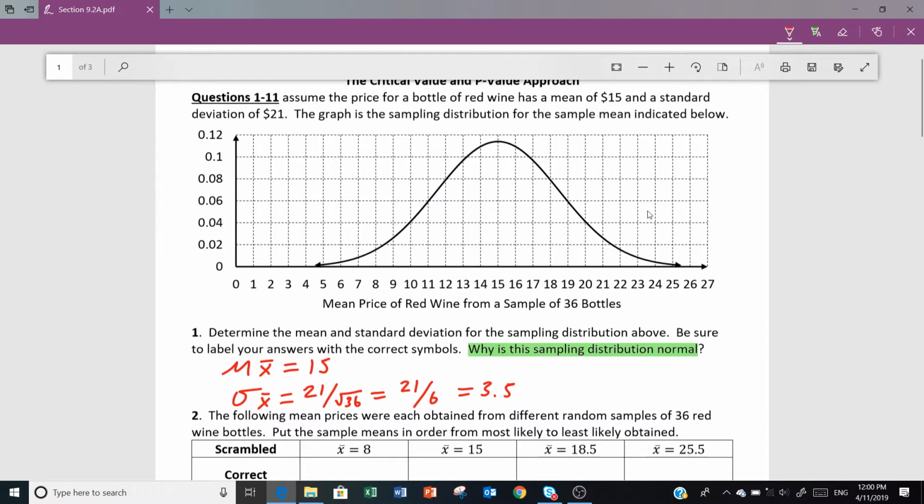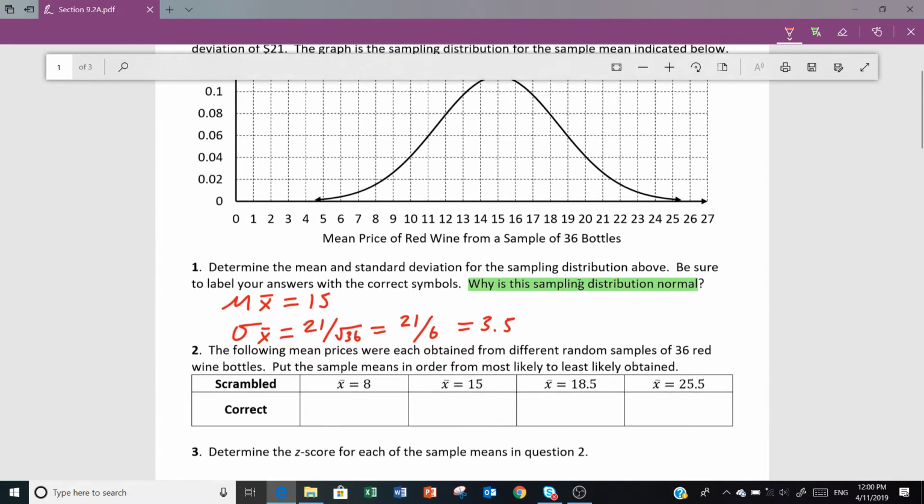Now we have the sampling distribution over here. So we have to use the sampling distribution information to put these sample means in order from most likely to least likely. Think, pair, share. We're going to do this individually first, and then in partners and then as a class.